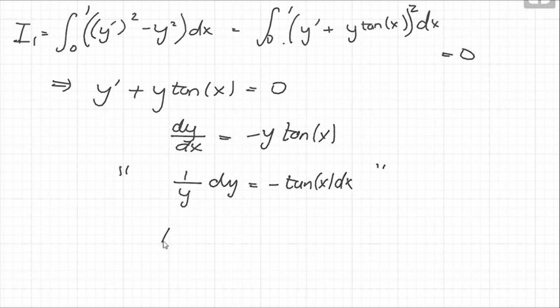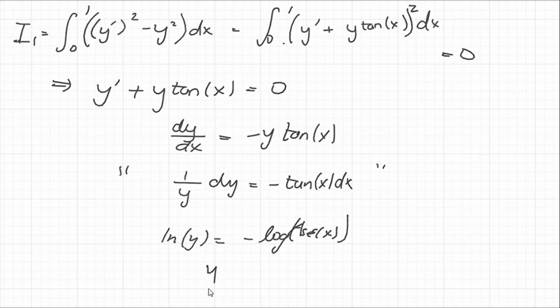So on the left hand side I have ln of y, and on the right hand side I have minus log of sec x plus c, but I can just put that plus c and absorb it into this thing here.